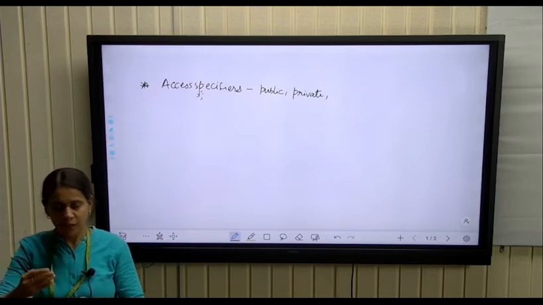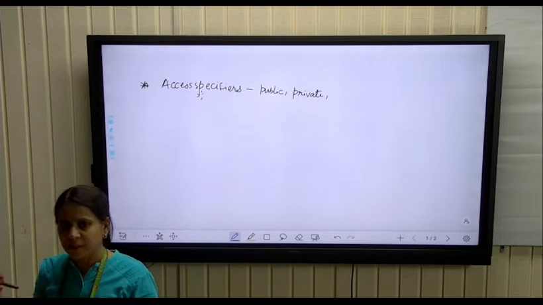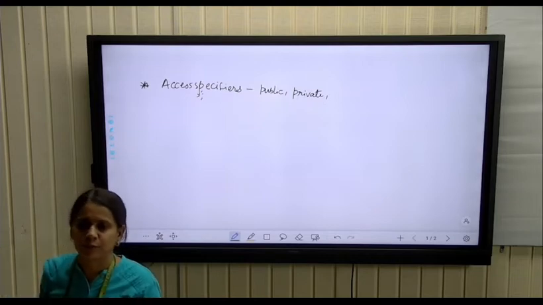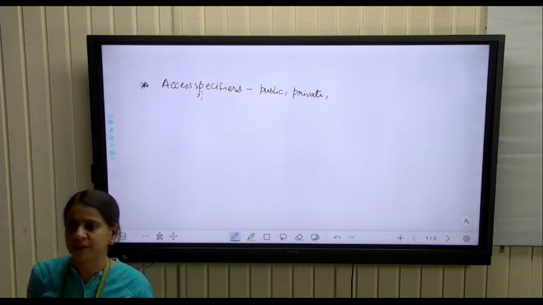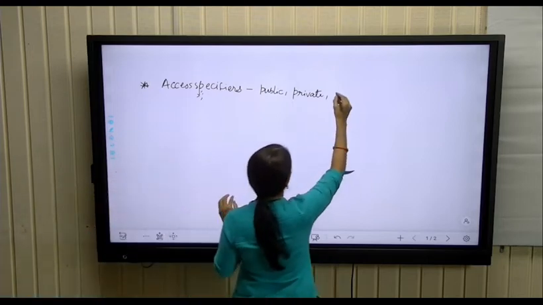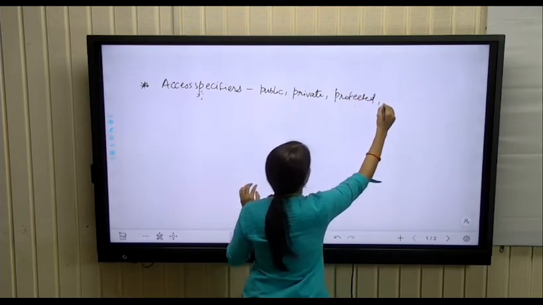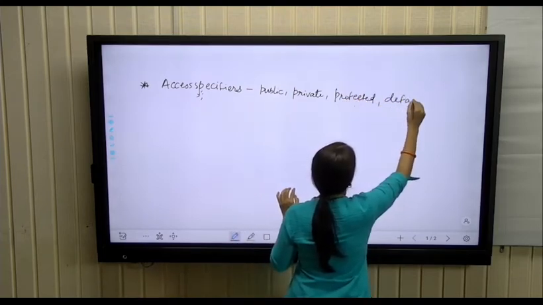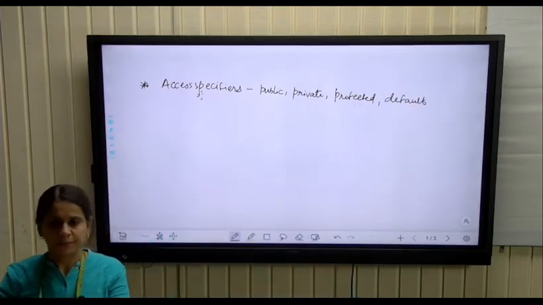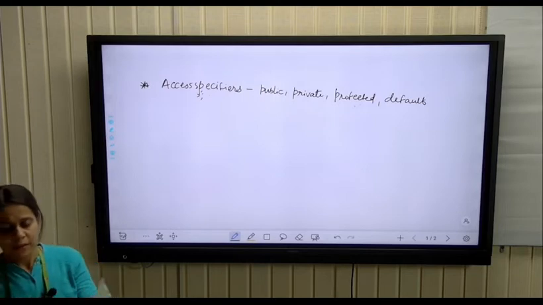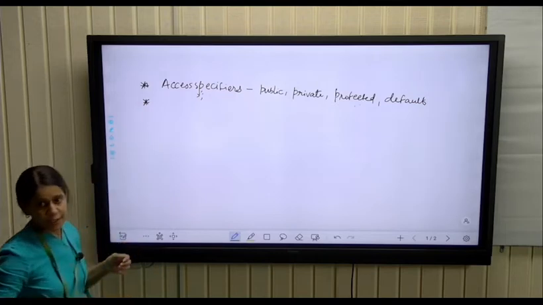This is how you can access that private constructor outside the class also, by using some methodology which I will tell you about. That is the protected. And last one is your default constructor, right? Default constructor. Clear?